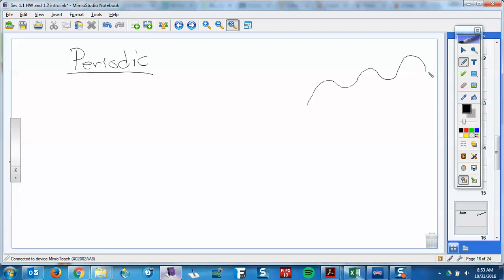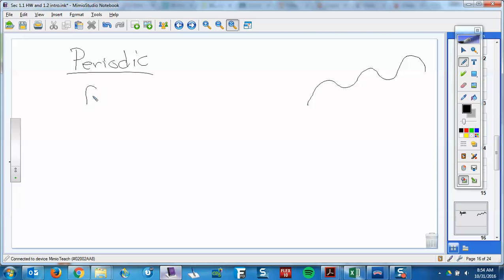A lot of you are shaking your head. No, that's right. It's not, because it doesn't repeat what? The same outputs, the y values. That's what it has to repeat. That would have a pattern, I guess, but the y values are getting bigger and bigger. So that would not be a periodic function. It has to repeat the same y values.